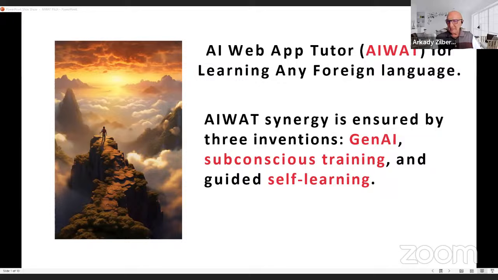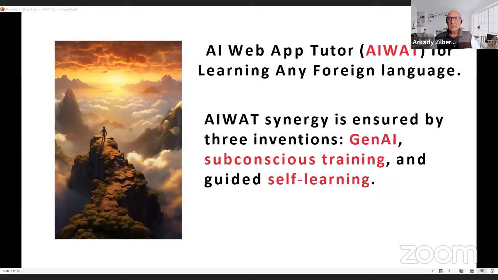So today I will talk about AI Web Application Tutor, acronym AIWAT, which allows us to learn any foreign language. You may say that Duolingo also allows us to learn any foreign language, and there is a huge difference. In Duolingo, when you learn any language, it's actually a different program.